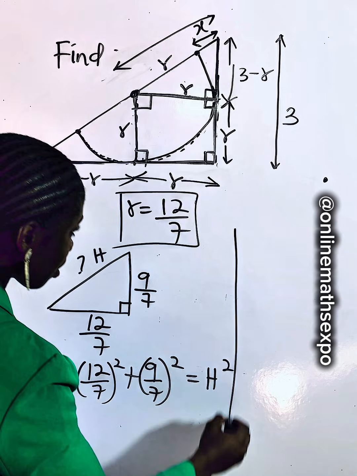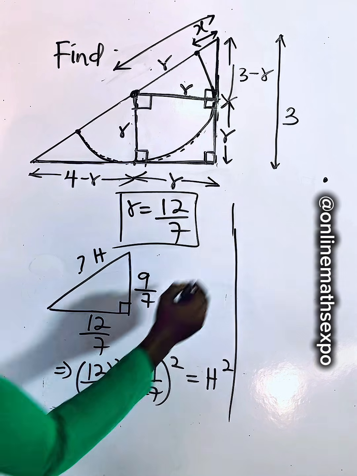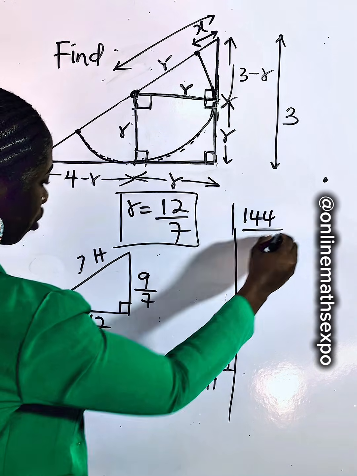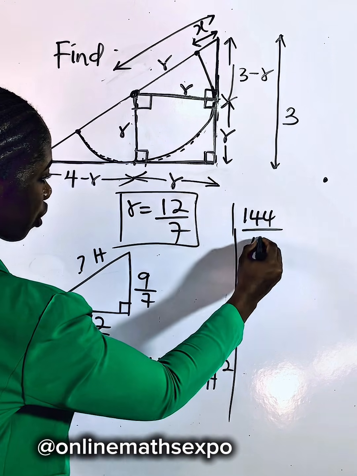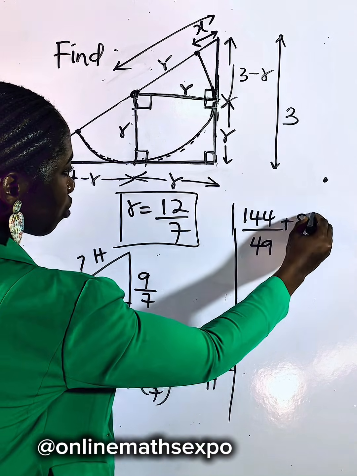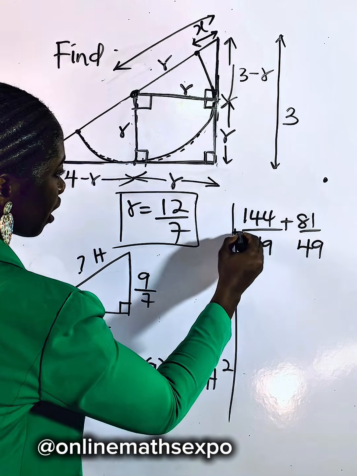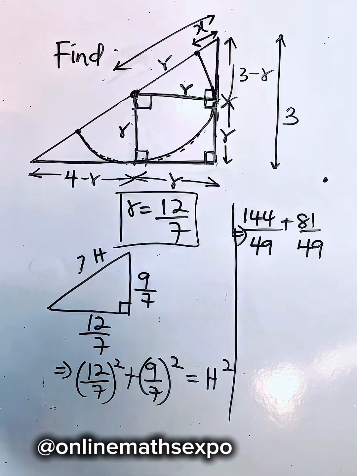So let's work it out here. So this squared means 12 squared and 7 squared. So 12 squared gives us 144. 7 squared gives us 49 plus 9 squared gives us 81. And 7 squared gives us 49. So let's simplify this to get our h squared.